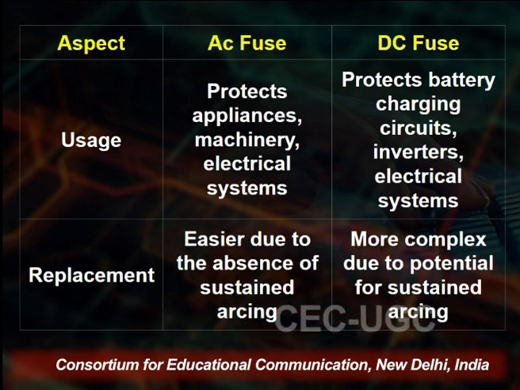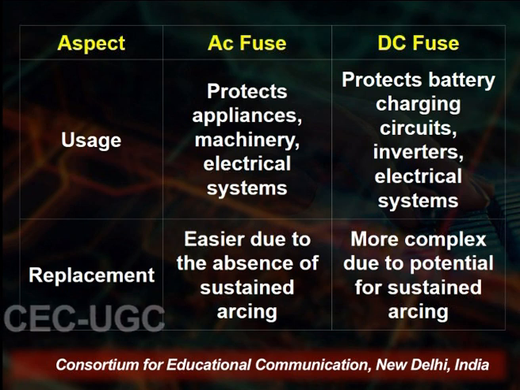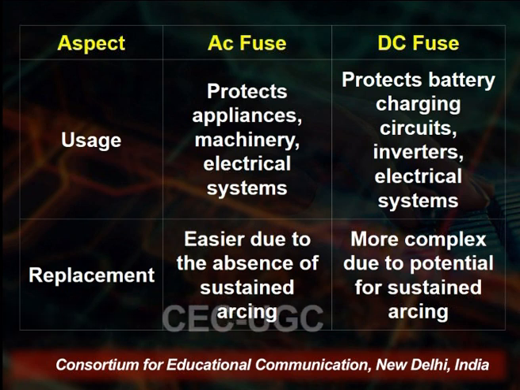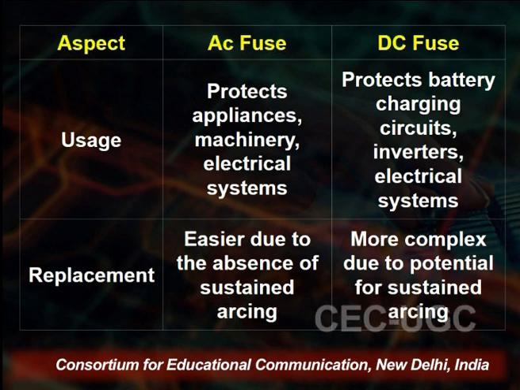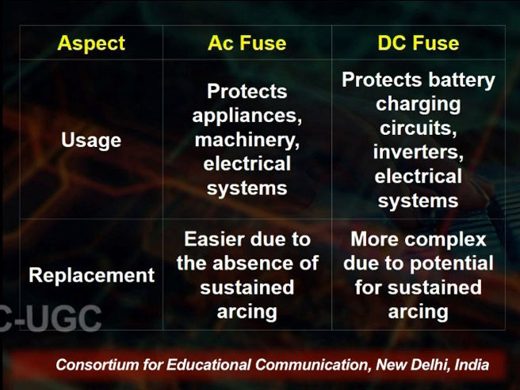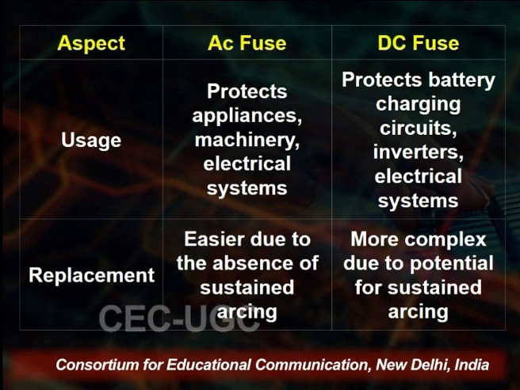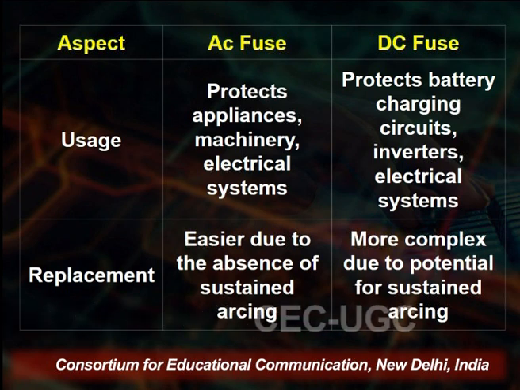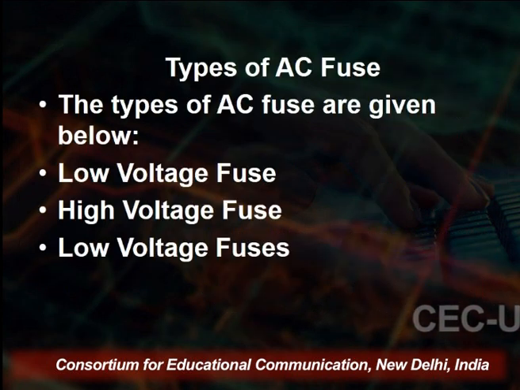Replacement is easier in AC due to the absence of sustained arcing, but in DC it is more complex due to the potential for sustained arcing. These are the differences between AC and DC fuses, and there are others, but we discussed some of them here. Now, what are the types of AC fuses?